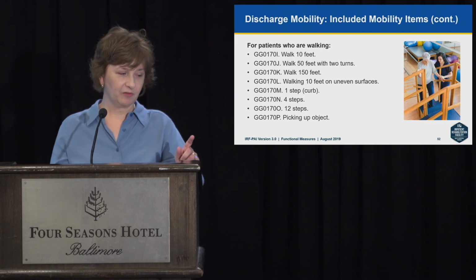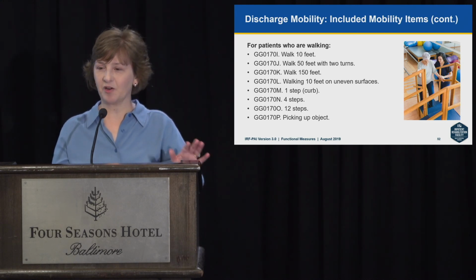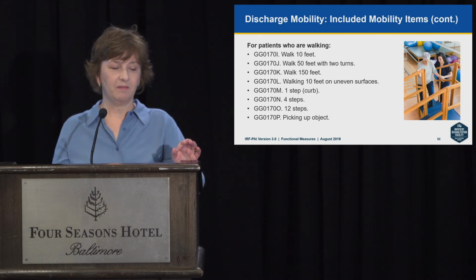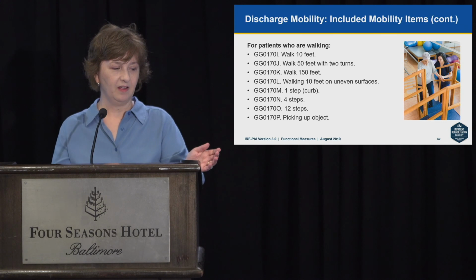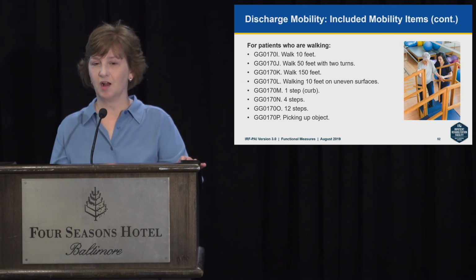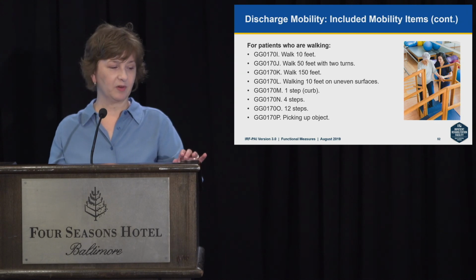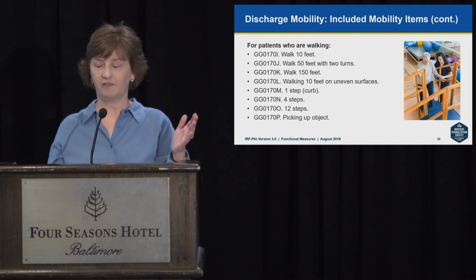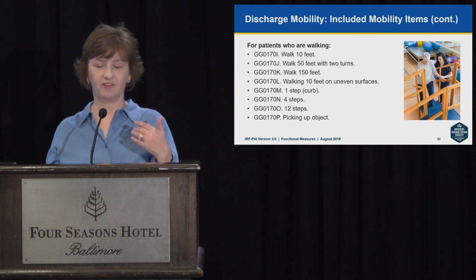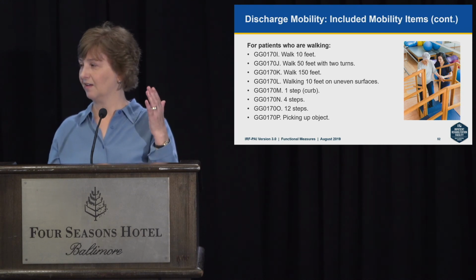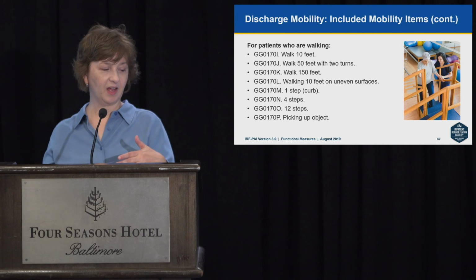In case you're curious about this, as part of the recoding, if you, for example, indicate that somebody is unable to walk the 10 feet, and so let's say that person is coded 88, you're going to skip over the 50 feet with 2 turns and the walk 150 feet.